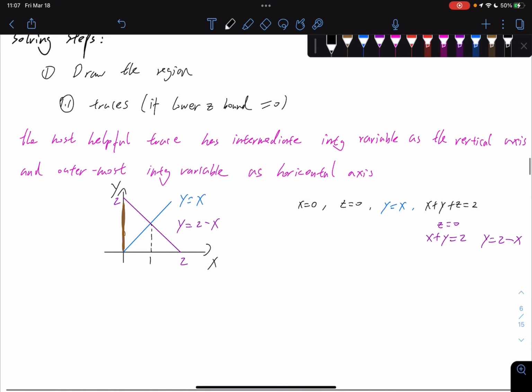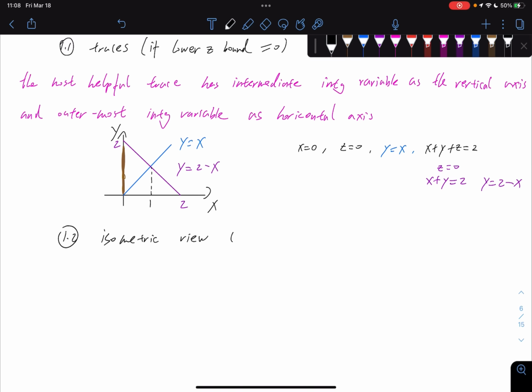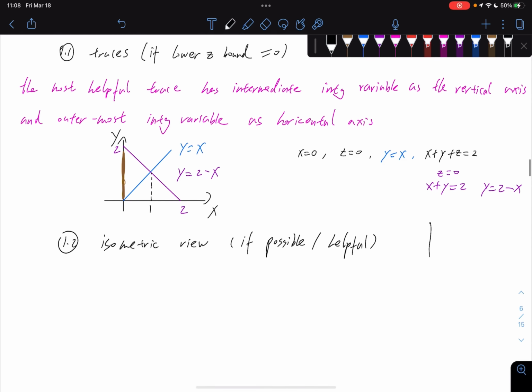So the second drawing we can draw is the isometric view, if possible and helpful. What I mean by the isometric view is something that looks like this.